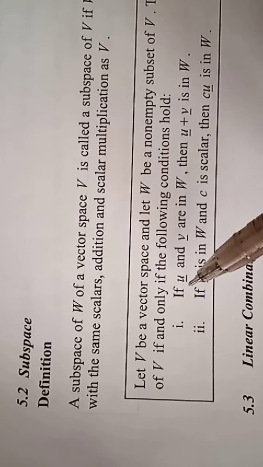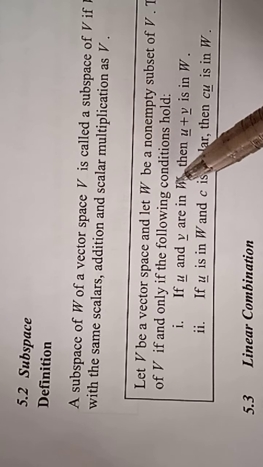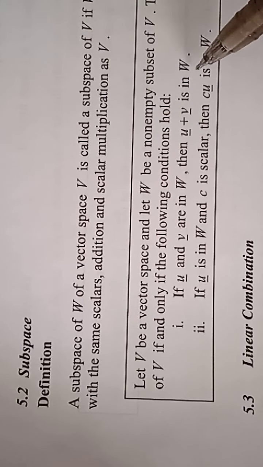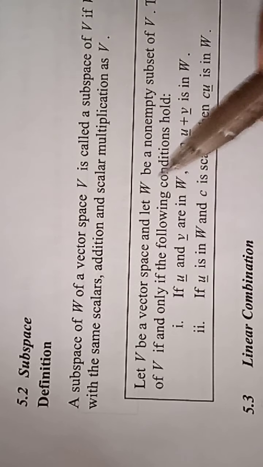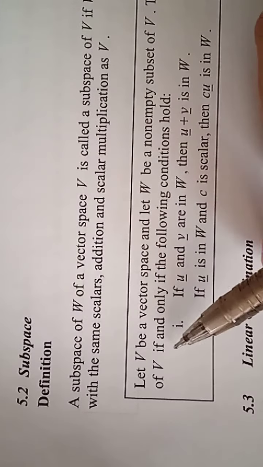First condition: if u and v are in W, then u plus v also must be in W. Second condition: if u is in W and c is a scalar, then cu also is in W. If these two conditions are met, then we say W is a subspace of V.